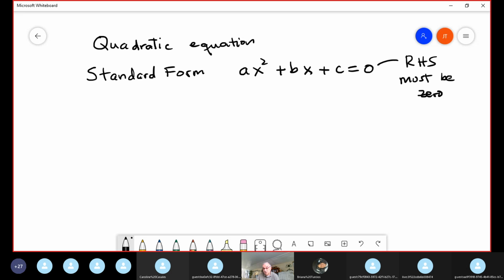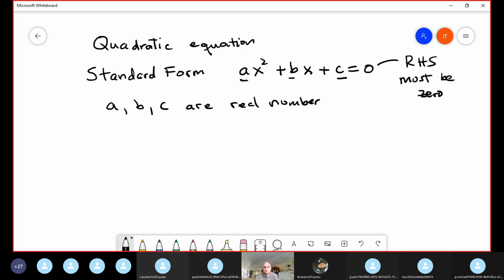Not always it happens, so you need to manipulate it in order to express it. So to start the solution for the quadratic equation, you put it in standard form. It's the first step. And a, b, and c are coefficients that in general are real numbers.